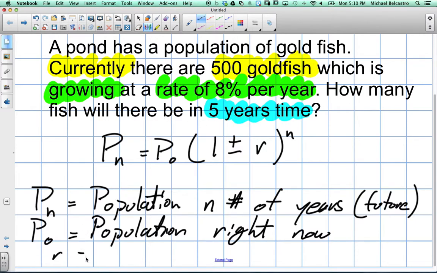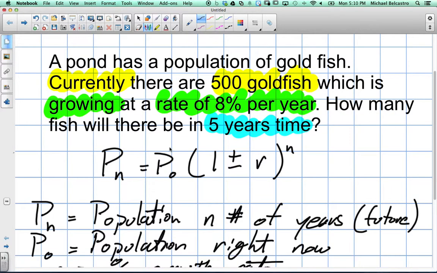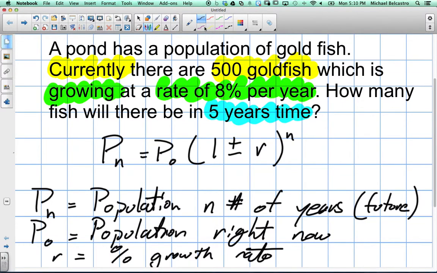R is the growth rate, the percentage, and in this case it's growth. And finally, n is the number of years. So we have a whole bunch of this information. What is our population right now? 500 goldfish.